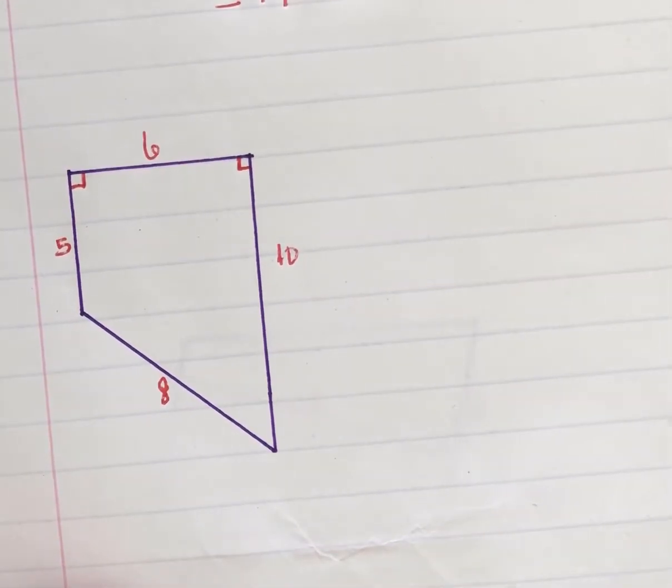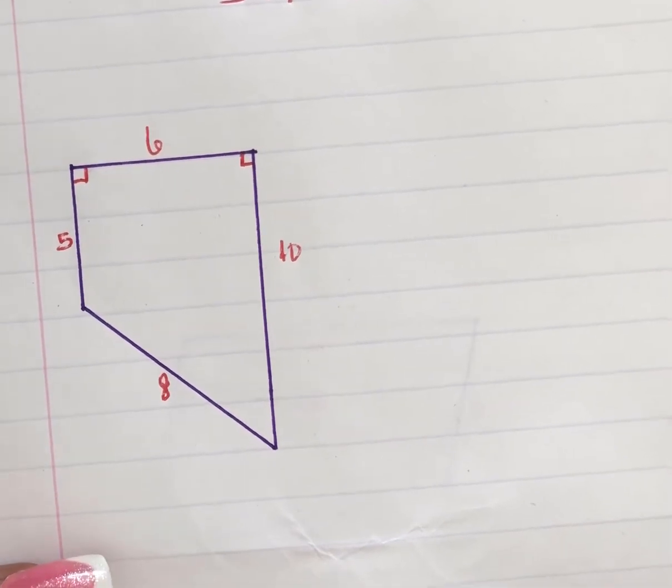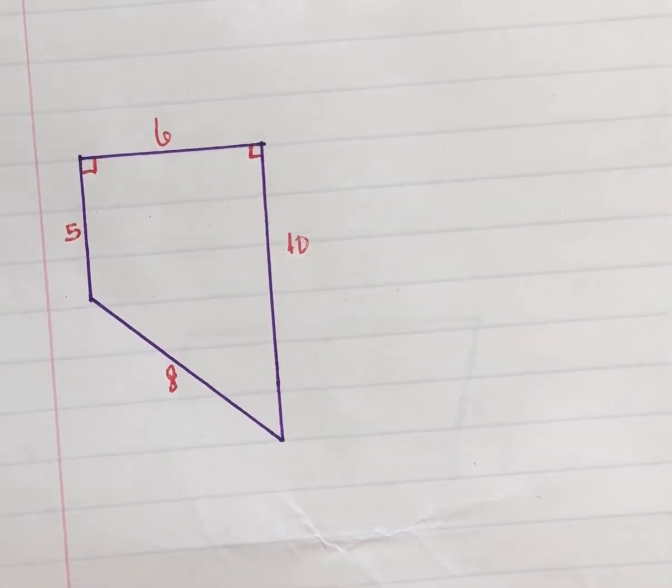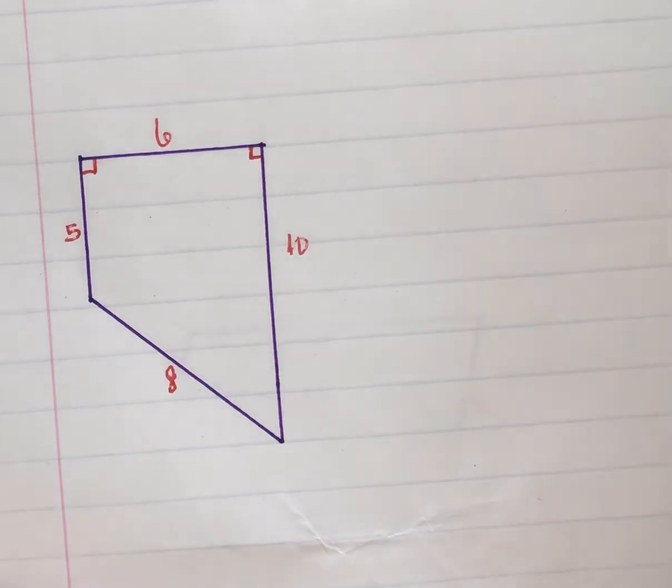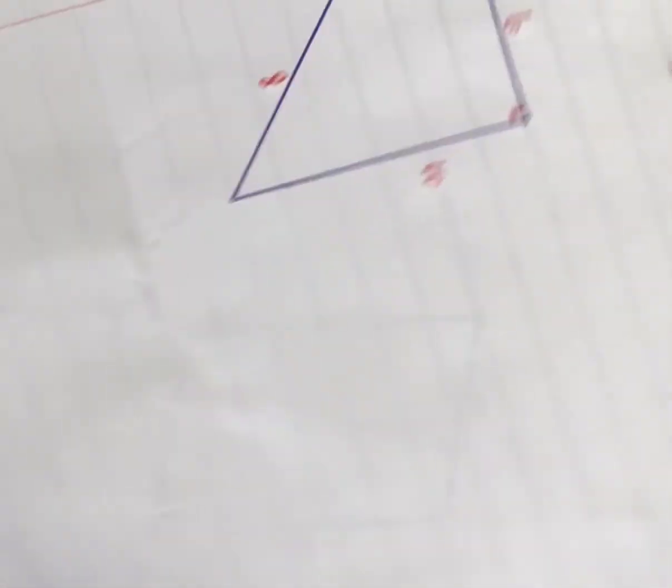This is our number 2. And I want to find the area. But before I can find the area, I need to recall something. What do I need to know? I need to know what shape it is. Look carefully.